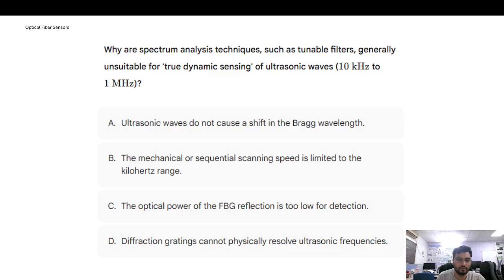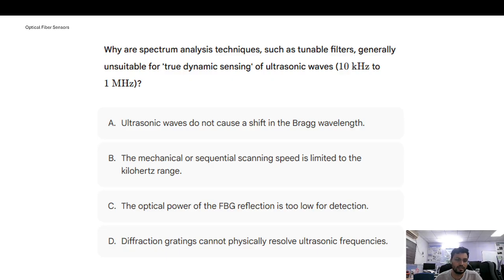Going towards the next question, why are spectrum analysis techniques such as tunable filters generally unsuitable for true dynamic sensing of ultrasonic waves, 10 kHz to 1 MHz? Option A, ultrasonic waves do not cause a shift in the Bragg wavelength. Option B, the mechanical or sequential scanning speed is limited to the kilohertz range. Option C, the optical power of the FBG reflection is too low for detection.